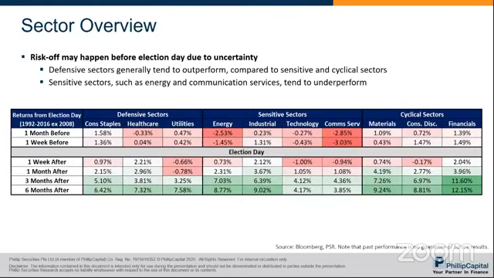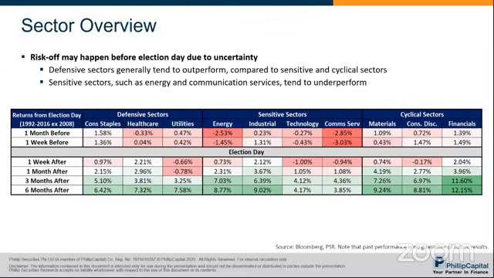So in terms of sector overview, as we can see, from 1 month before up till 1 week before, sentiment tends to be relatively weak. This could be due to uncertainty over who will actually win the election, especially in a very closely contested election. The defensive sector generally tends to outperform sensitive and cyclical sectors.